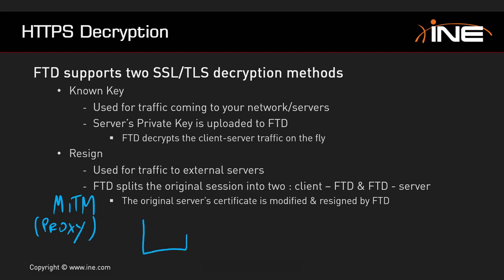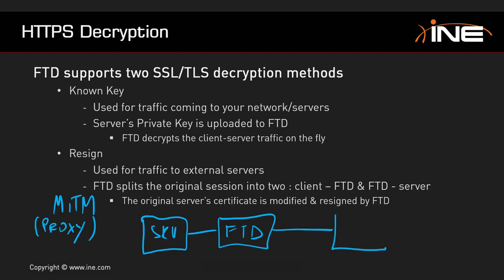So from the SSL control plane perspective, in this case, there are going to be 2 sessions. We will have the server. There is going to be that FTD, and in this case, FTD is supposed to sit in line with the traffic because it will be modifying some of the packets. And we will have our original client.